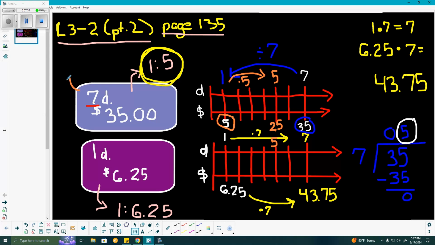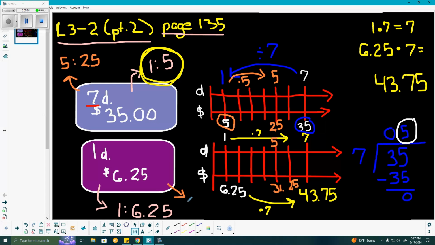So my first pass for 5 days is going to be $25. Let's look at the second one. If I go to 5, $6.25 times 5 will equal $31.25.